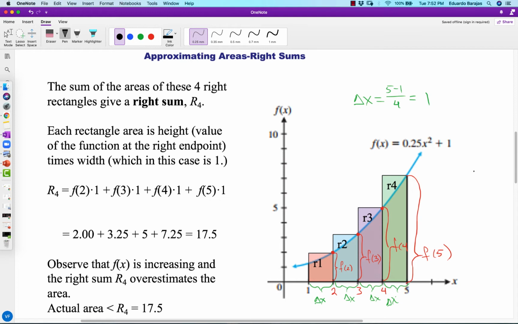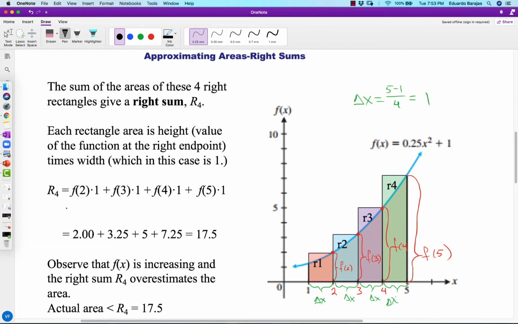Each rectangle is going to have a height, the value of the function at the right endpoint, times the width, which in this case is equal to 1. So f of 2 times 1 represents the area of the first rectangle, and we evaluate 2 with our function to get an actual result.